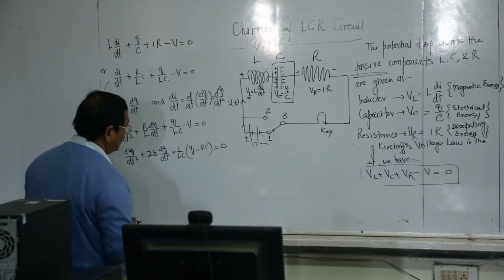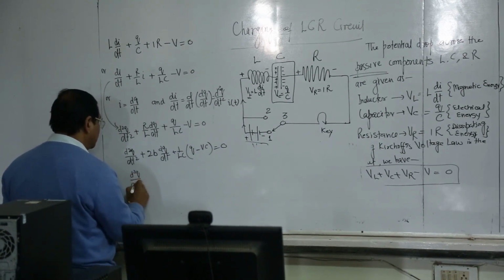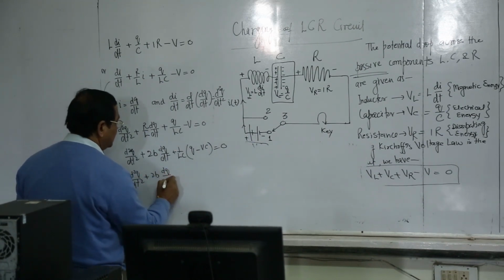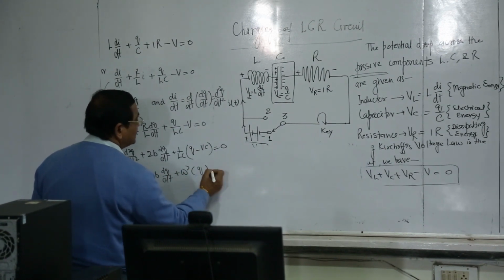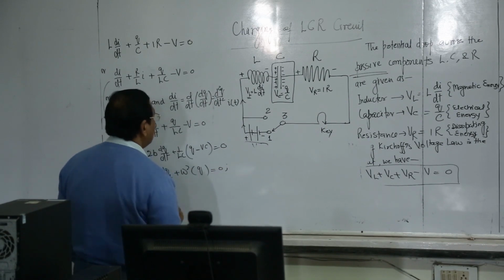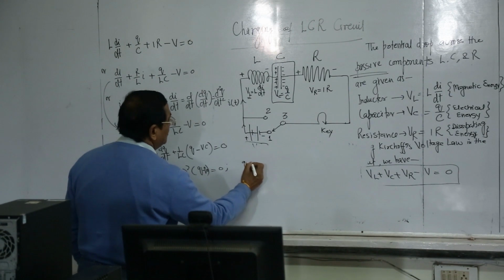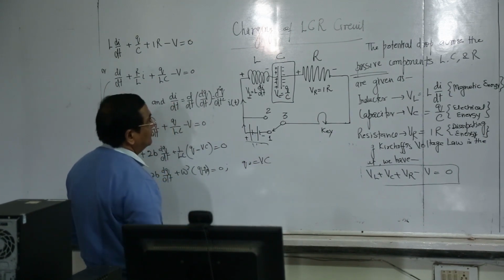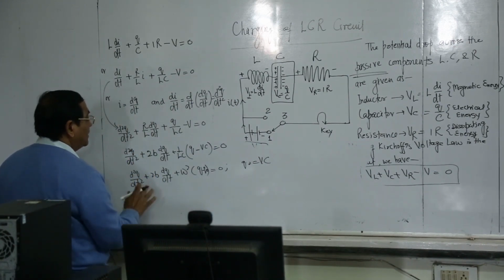So this is d2q by dt square plus 2b dq by dt plus omega square times q minus q0 is equal to 0, where q0 is equal to V into C.